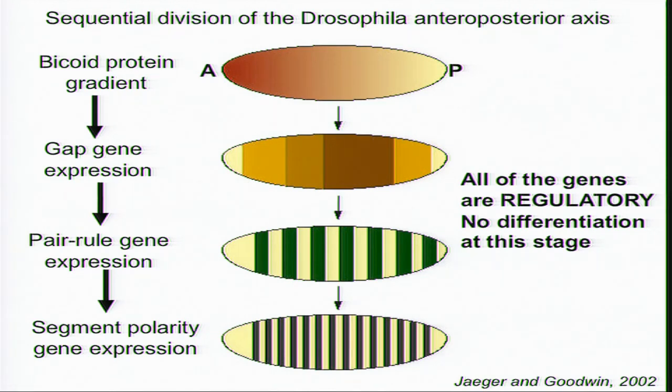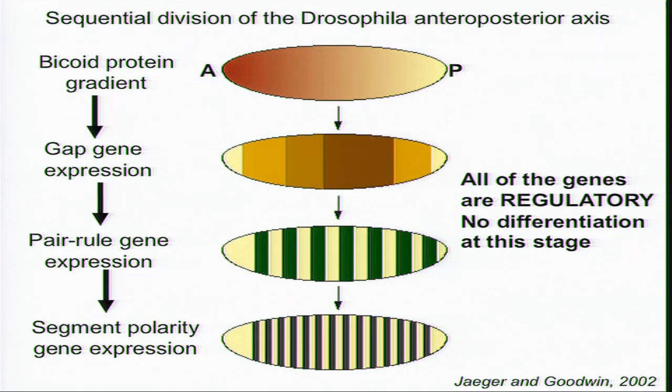This is a drawing, but you can actually look at this in terms of in situ hybridization, that technique I mentioned last time, where one can look at where RNAs or proteins, and in the case of in situ hybridization, it's RNA, where RNAs are localized. And in the very early embryo, there's an asymmetry of a protein called bicoid, where there's more on one side than the other.